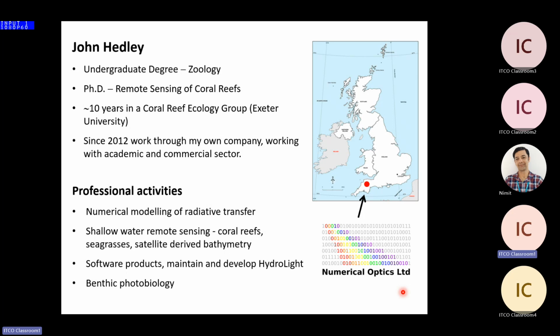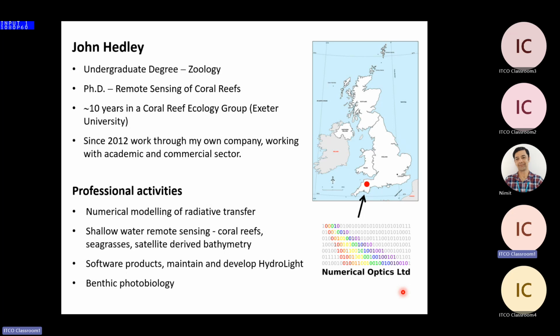I was in that group for about 10 years. I just got more and more into the radiative transfer modeling side of things because my inclination is computer programming. That's what I like. I do a lot of software development, always have done, even before I did my degree. I was into that stuff. So I got more and more into the radiative transfer modeling side of things and developing algorithms for shallow water mapping, this type of stuff.